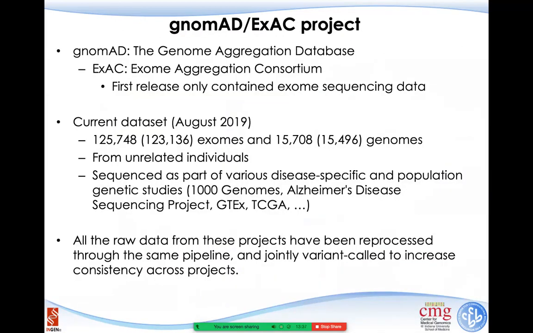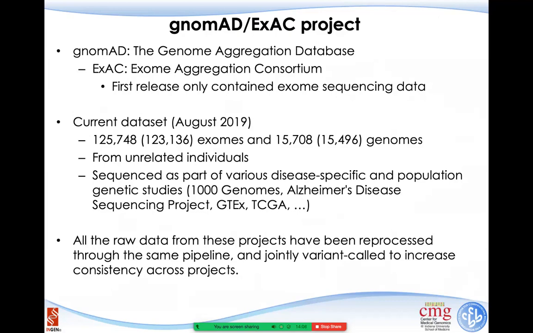Another consortium whose data is available, and that we use very regularly, is called gnomAD, whose earlier phase is called the ExAC project. gnomAD is the Genome Aggregation Database, and ExAC is the Exome Aggregation Consortium. So you can see that ExAC is the initial phase that focuses only on exome sequencing data, and later it was extended to whole genome sequencing data as well.